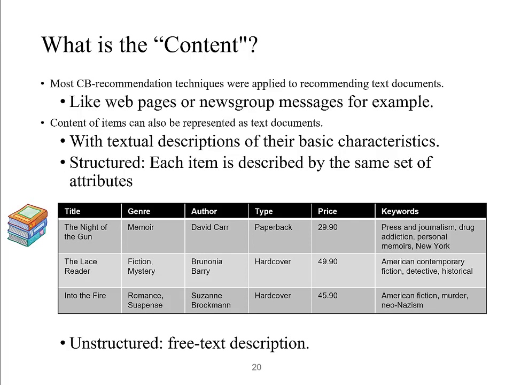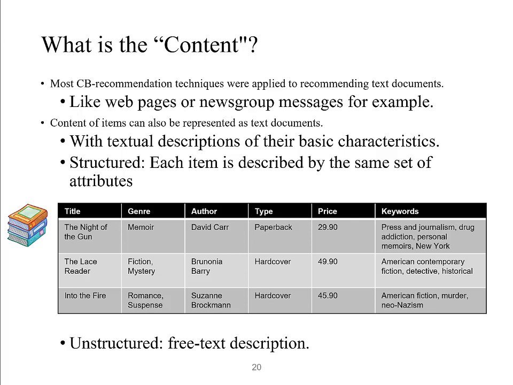There are mainly two types of data. One is structured, one is unstructured. Structured data is usually presented as a table. In this scenario, each item is described by the same set of attributes.